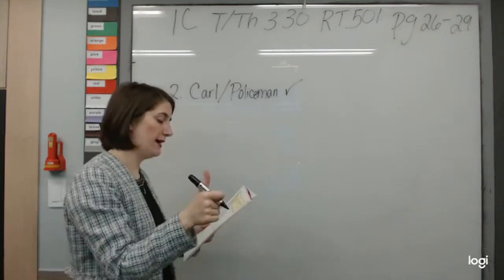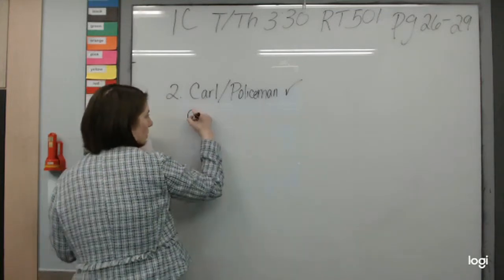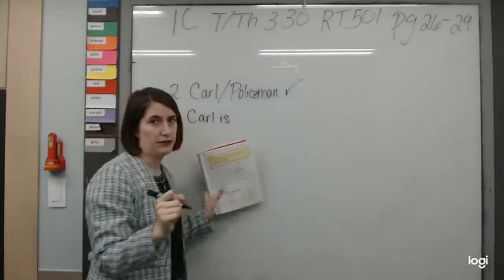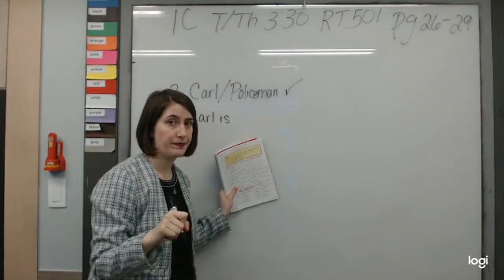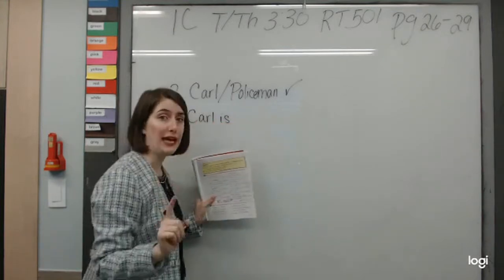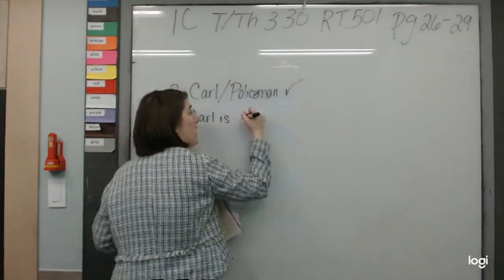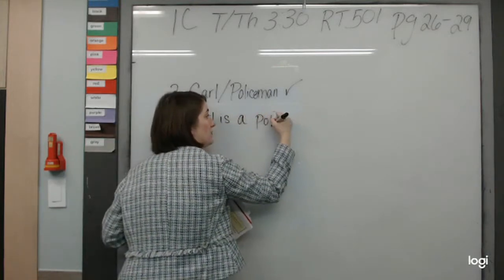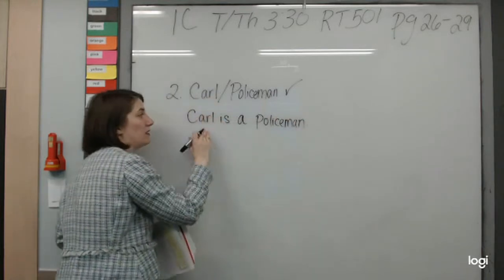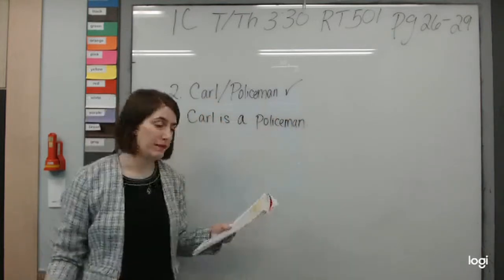Affirmative, positive. So, Carl is, now do we put a or an? A, because policeman, P. So, Carl is a policeman. Carl is a policeman. Okay?